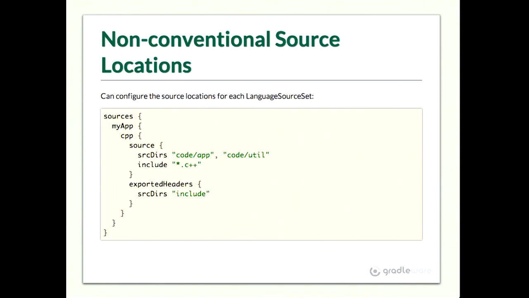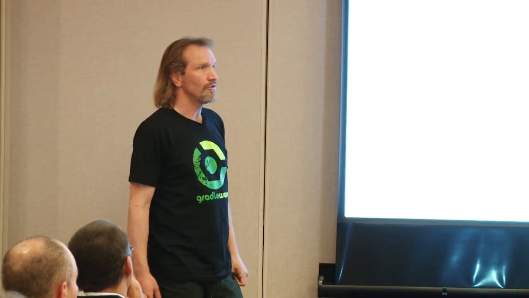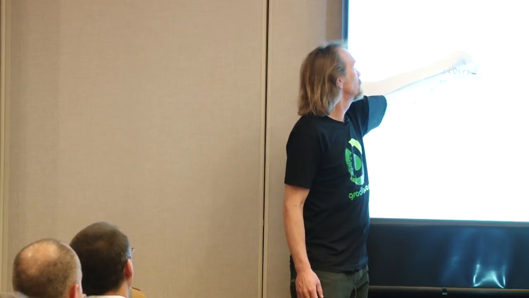So with the native stuff, do you have to always use closure type syntax, or can we do source.myapp.cpp.source.srcDirs, all the dots? You can, yeah, you can do either. We usually do it this way. It sort of looks more like a DSL, but there's no reason you couldn't do source.srcDirs. And in fact, in some of the slides I do that because it fits on the page better. So this is the equivalent of saying source.srcDirs equals.